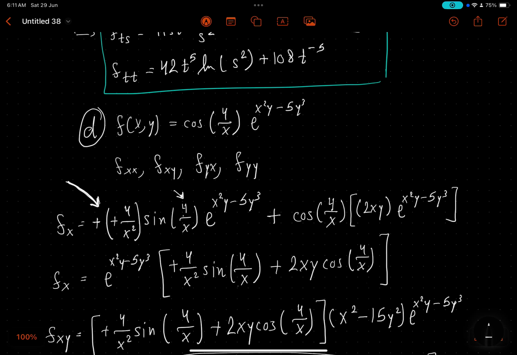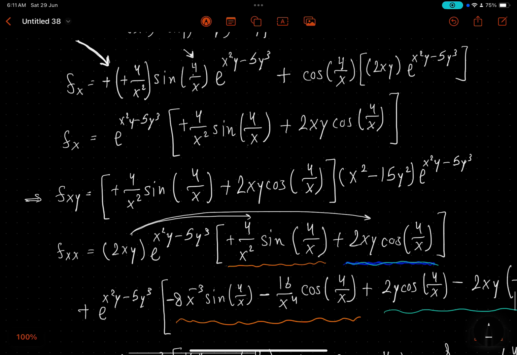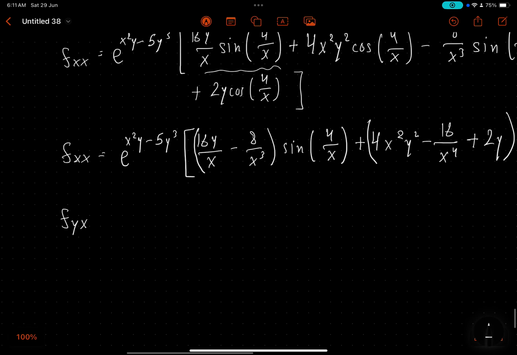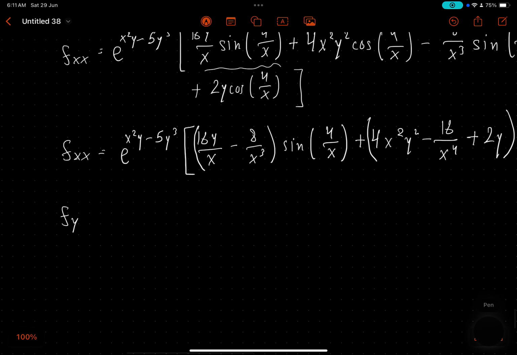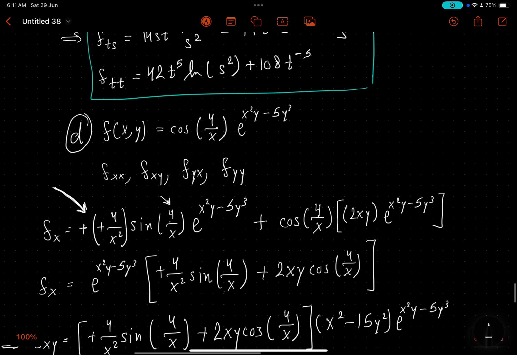So we found f_xy. So let's find now first f_y by itself. Now f_y is going to be a bit easier since we're going to treat cosine 4 over x as a constant.